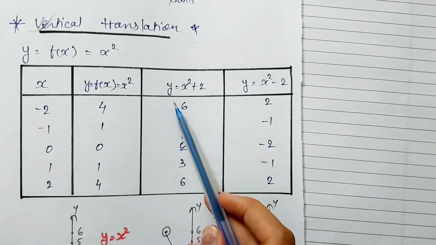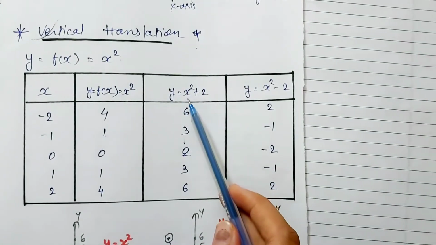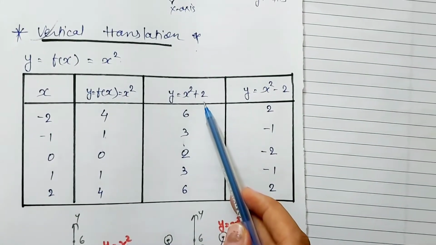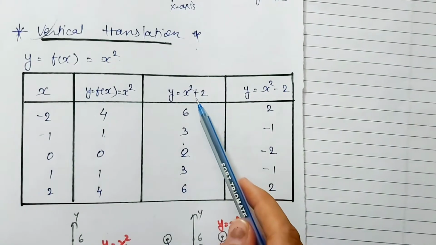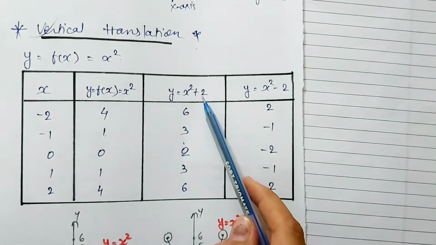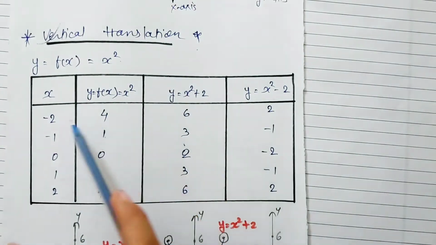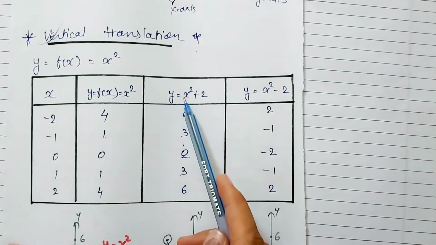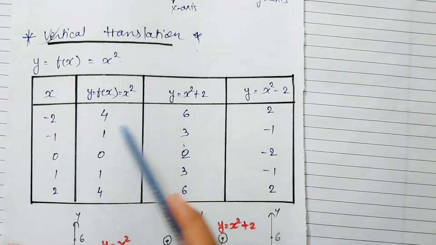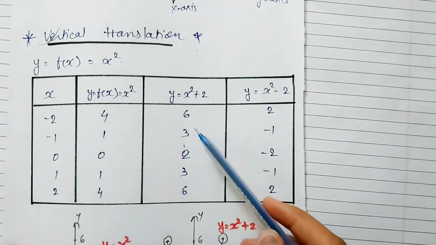So the first transformation I'm going to apply is y is equal to x square plus c, which is x square plus 2. Now I hope you recall that a plus c value means that the graph is moving c units upwards. So let's see what my y values will be for the same x values. This is -2 square, which is 4, plus 2, 6; -1 square, which is 1, plus 2, 3, and so on and so forth.